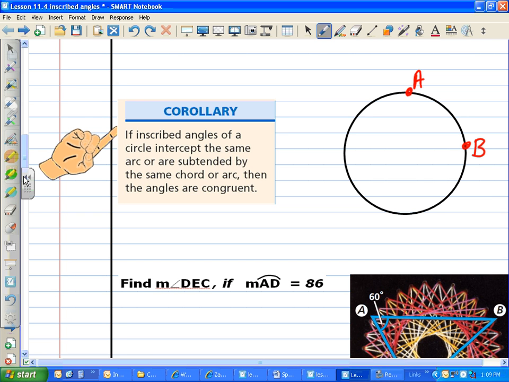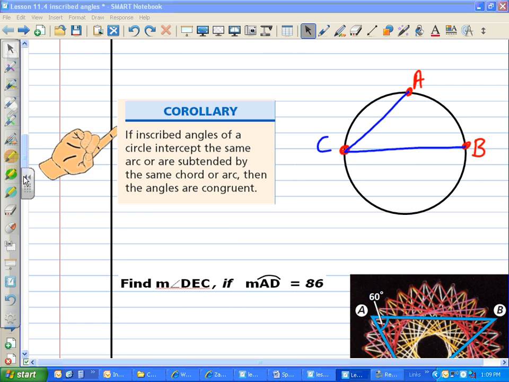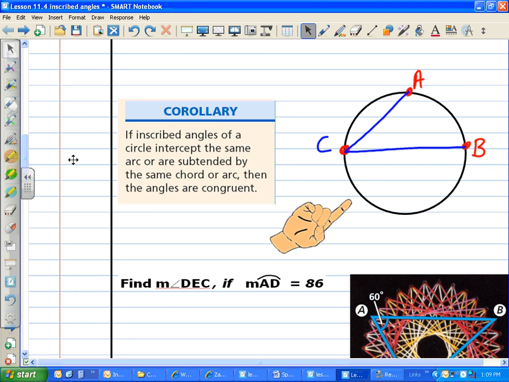If I draw an inscribed angle that touches at A and B, for example, let me put a point over here and call this point C, and draw an inscribed angle here. Okay, that one's done. So remember, this angle right here is half of whatever this arc is. So if this is 60, this is going to be 30.